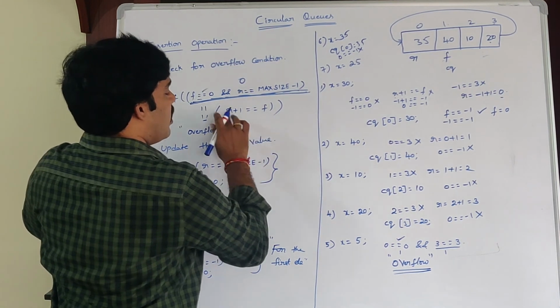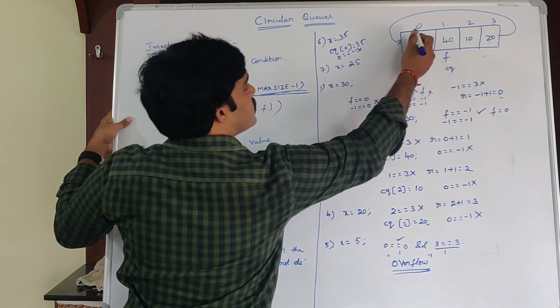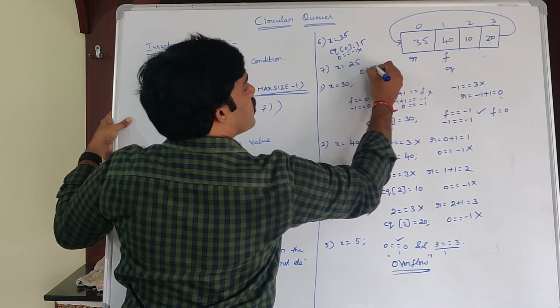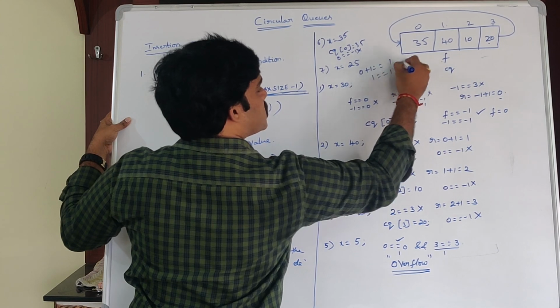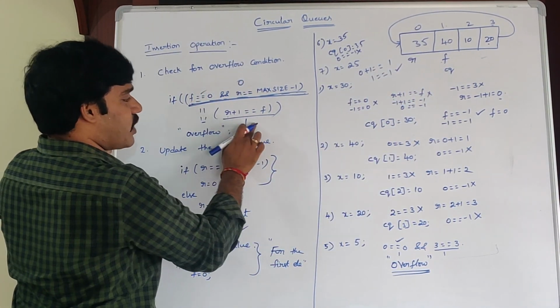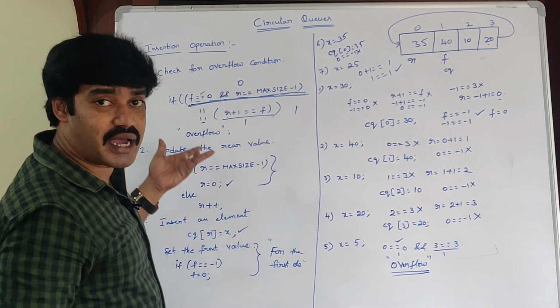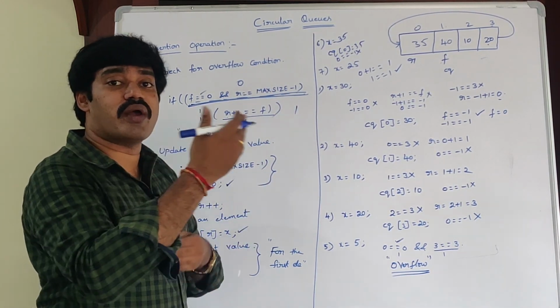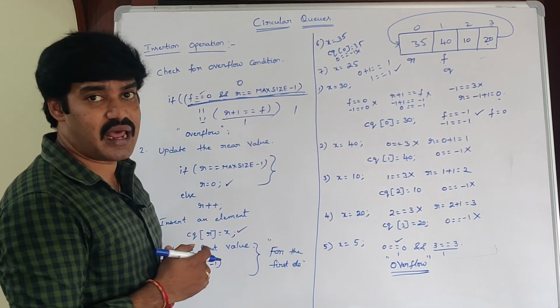What is the second one? R plus 1 is double equal to f or not. What is R? 0 plus 1 double equals to, what is f? 1. 1 double equals to 1. Condition is true. So this one returns 1. 0 logical OR 1. Entire expression 1. If of 1 means condition is true, that is overflow. So this is nothing but insertion operation.